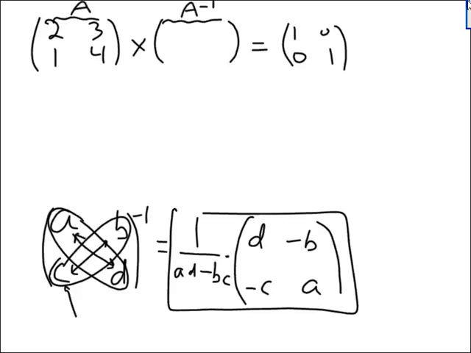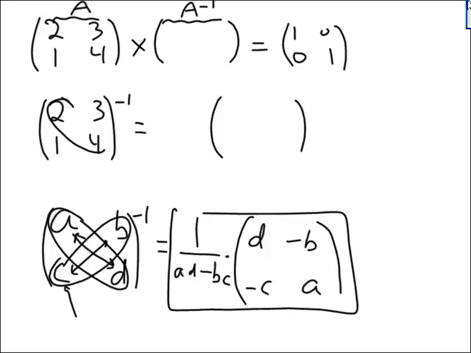For example, what is the inverse of 2, 3, 1, 4? The matrix right above. What is the inverse? Well, first, or second if you prefer, you interchange these numbers and you just change the signs of those numbers. This 3 becomes negative 3, the 1 negative 1.